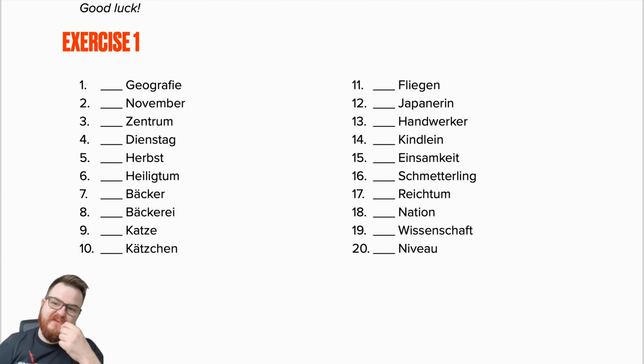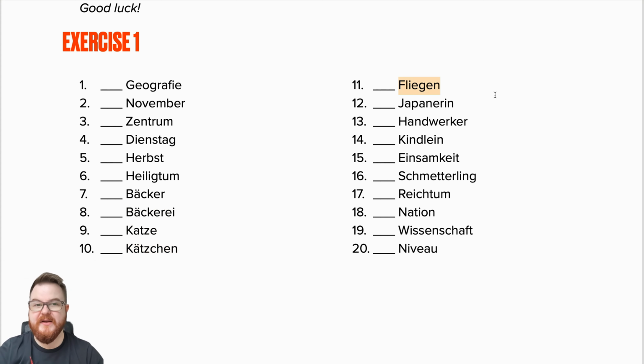Okay, so let me read the words. I'll give you the translation of the words when I read them. Geographie is geography. November is November. Zentrum is center. Dienstag is Tuesday. Herbst is autumn or fall. Heiligtum is a relic or a hallow. Bäcker is a baker. Bäckerei is a bakery. Katze is a cat. Kätzchen is a kitten.